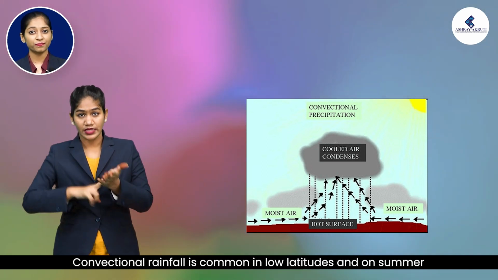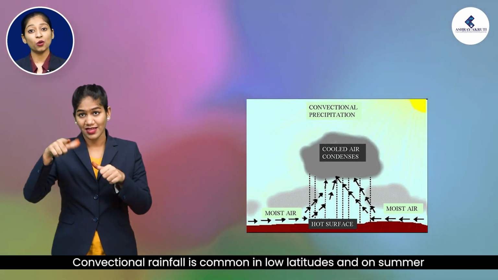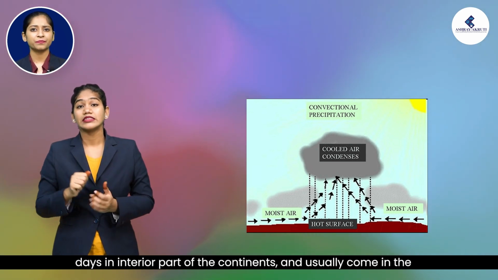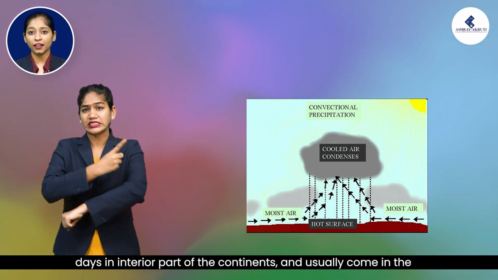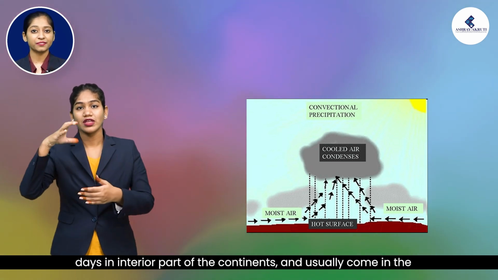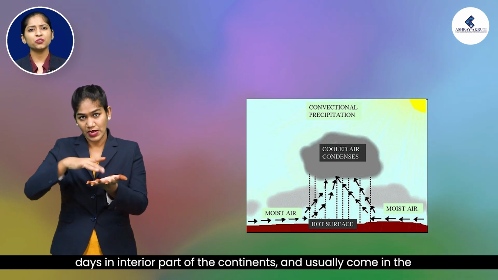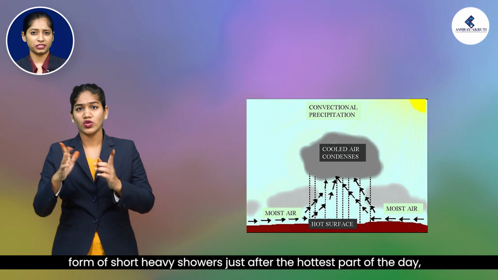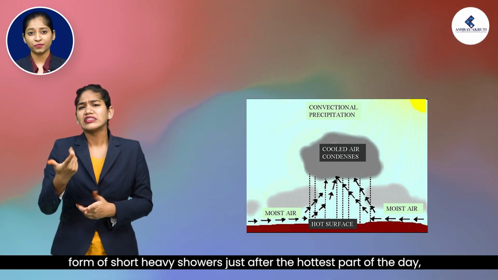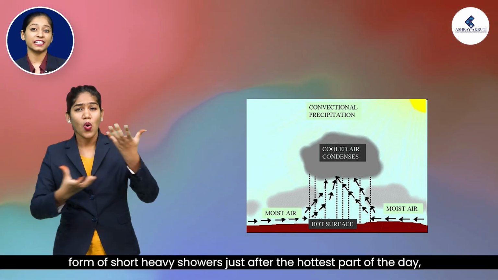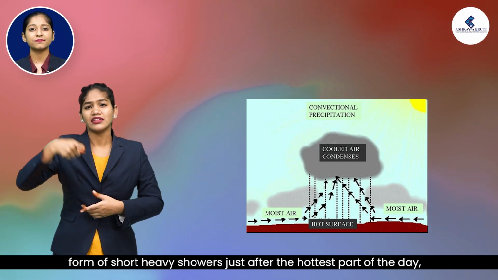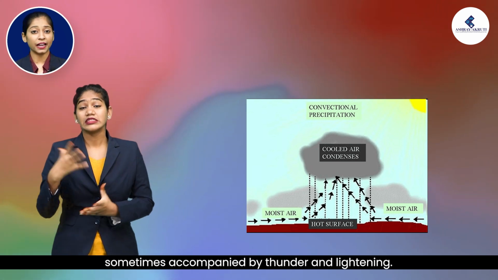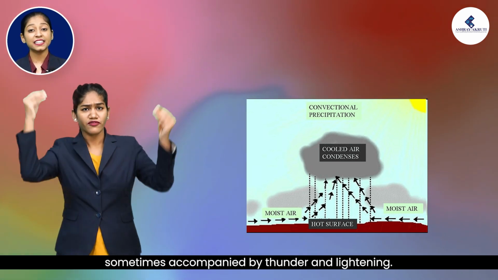Convectional rainfall is common in low latitudes and on summer days in interior parts of the continents, and usually comes in the form of short heavy showers just after the hottest part of the day, sometimes accompanied by thunder and lightning.